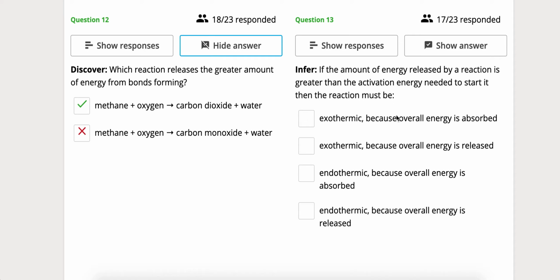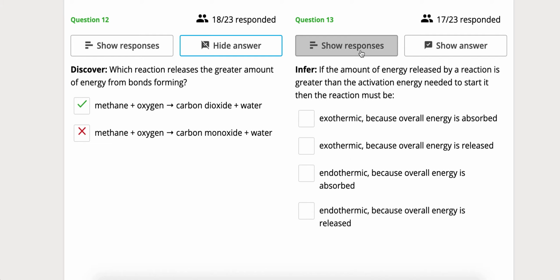So we can rule out answer A. If we then look at answer D, endothermic because overall energy is released. Well, if you think about it, endothermic reactions actually absorb energy, not release energy. So we can actually rule out answer D. That leaves us between options B and C.